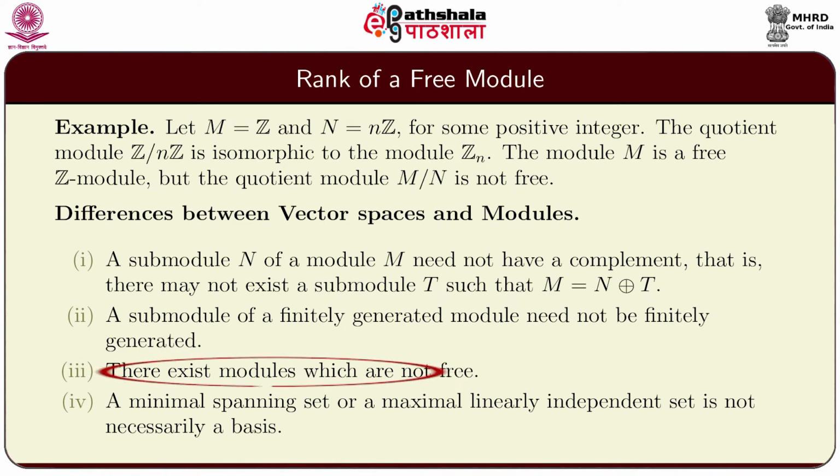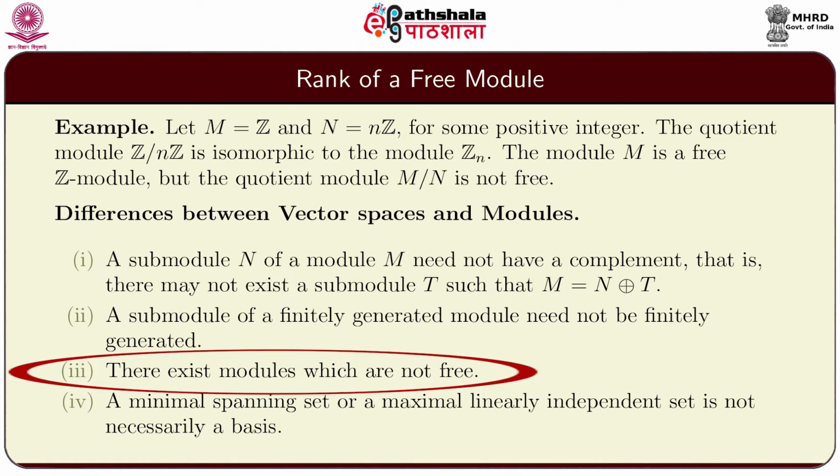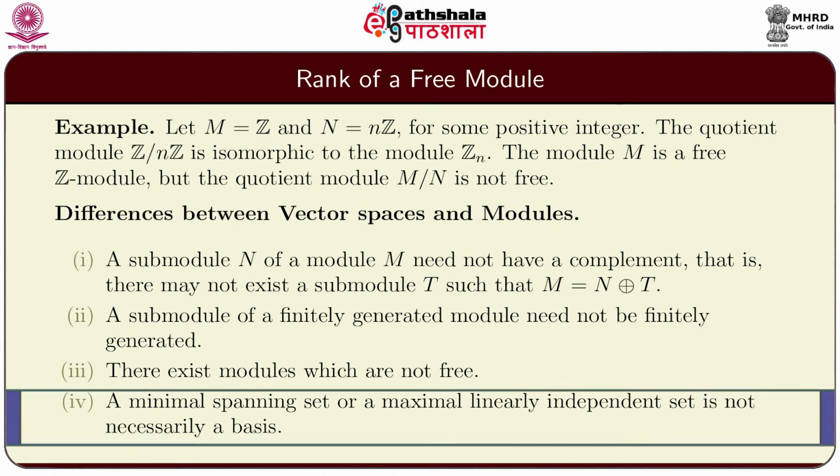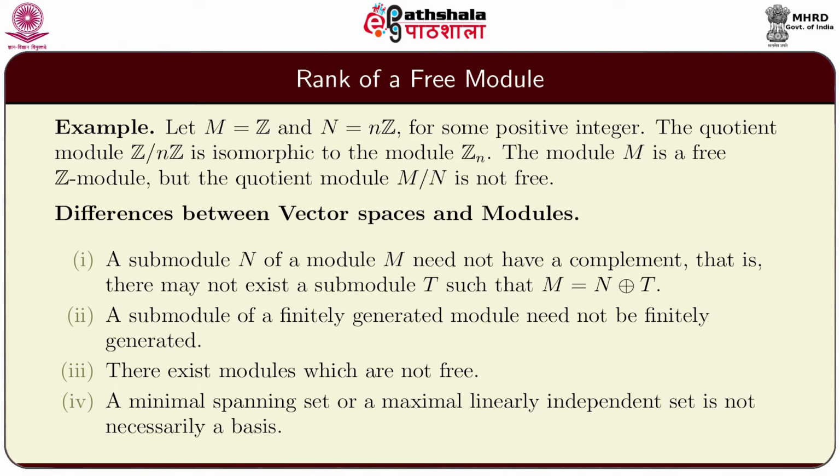There exist modules which are not free. Of course, there are the torsion modules like Zn which cannot be free. And 4. A minimal spanning set or a maximal linearly independent set is not necessarily a basis. So, these are some major differences between vector space structure and module structure, and that happens because of existence of non-zero, non-invertible elements in a ring.